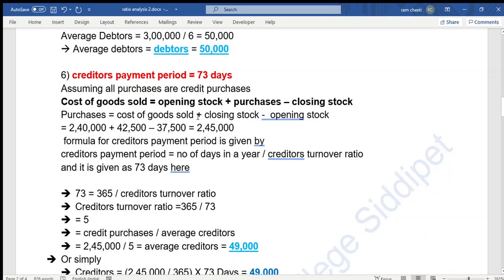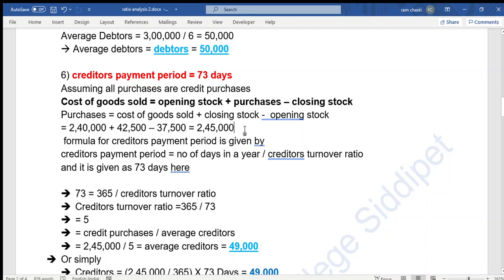Okay, so this cost of goods sold we have already got as 2,40,000, and we know 42,500, and we know 37,500. So purchase is 2,45,000.